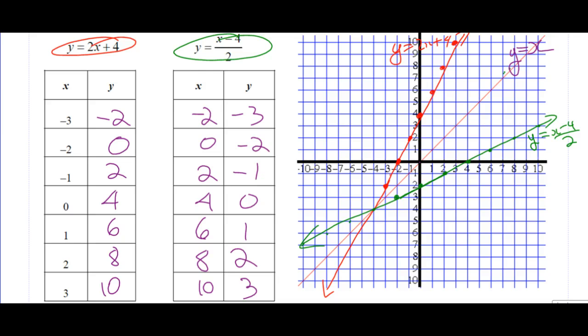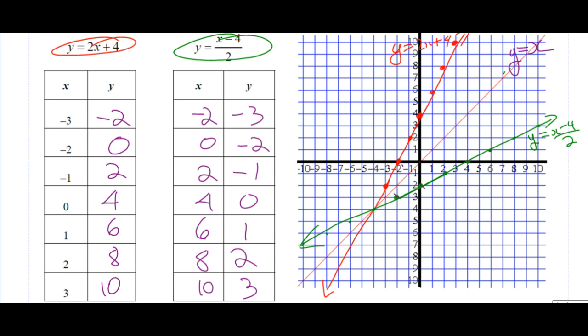So the question is, what do you notice about the graph of the relation and the graph of its inverse relative to the line y equals x? What do you notice about red line, green line relative to this line? Symmetrical about, so the green line is a reflection in the line y equals x, right? See how these guys are right across from each other here?